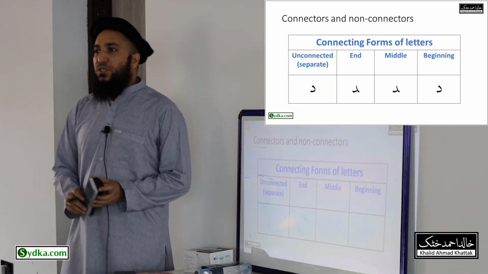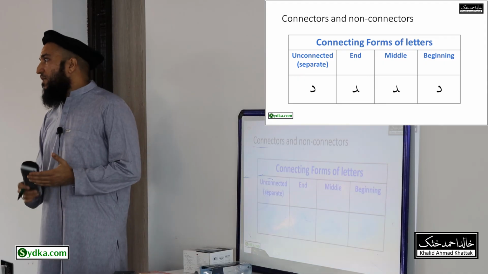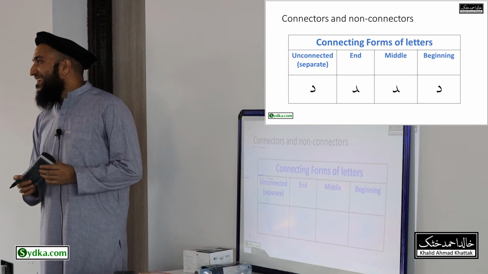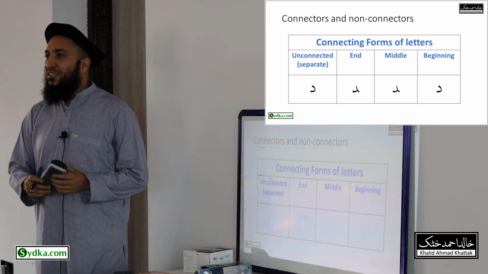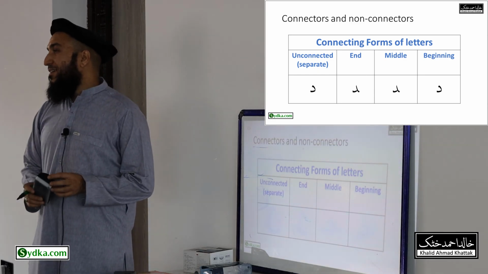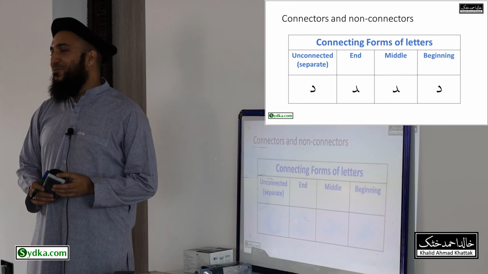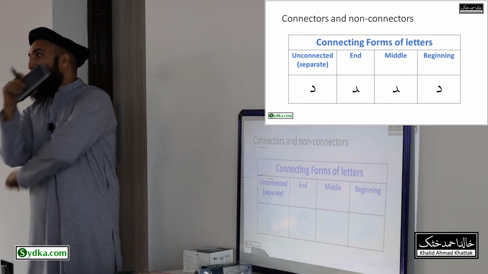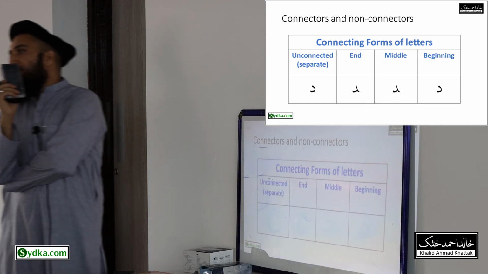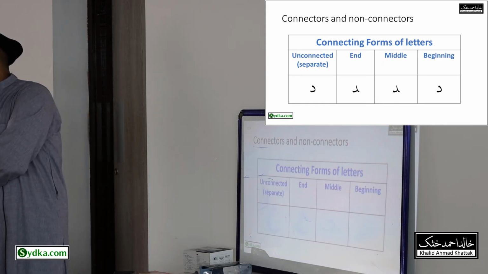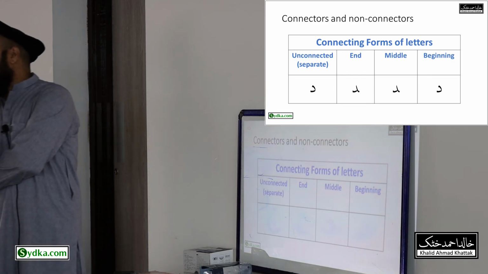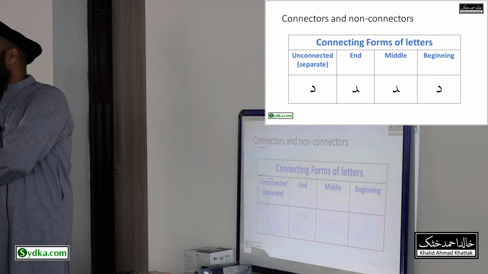Okay, next question. Is it a connector or non-connector? What do you think? You don't know? No. Have you seen any word with dal that can be connected with both sides?